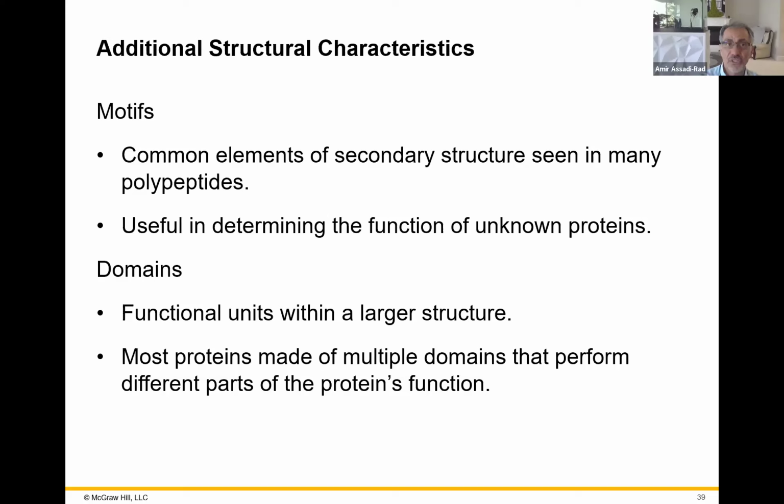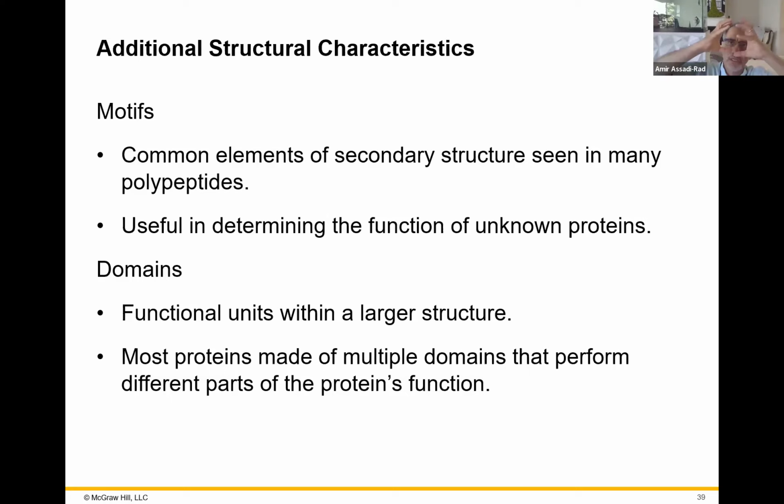Okay, additional structure characteristics: motif. Yes, I would like you to know what a motif and a domain are. A motif is a common element of secondary structure seen in many polypeptides. We are talking about protein molecules. Motifs are useful in determining the function of unknown proteins. And then domains are functional units within a large structure.